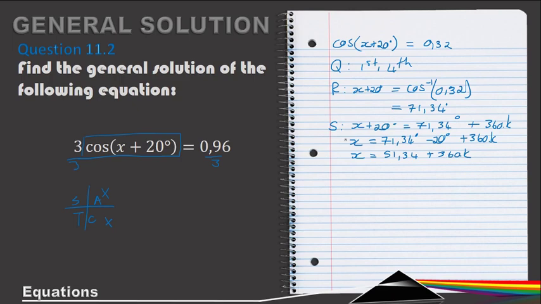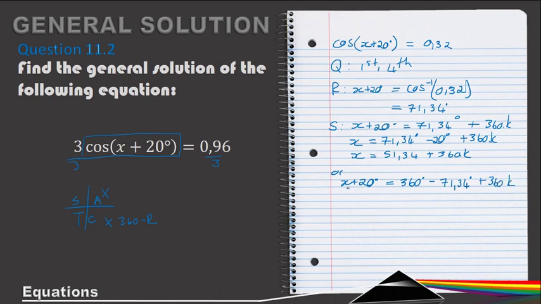It's my first general solution. Or x plus 20 is equal to, now in the fourth quadrant, it's 360 minus your reference angle. So 360 degrees minus my reference angle, which is 71,34 degrees, plus the 360k.